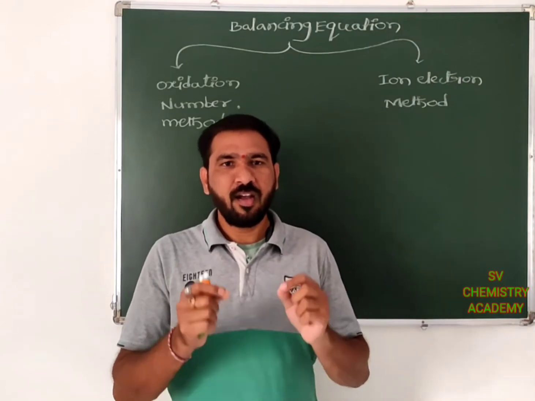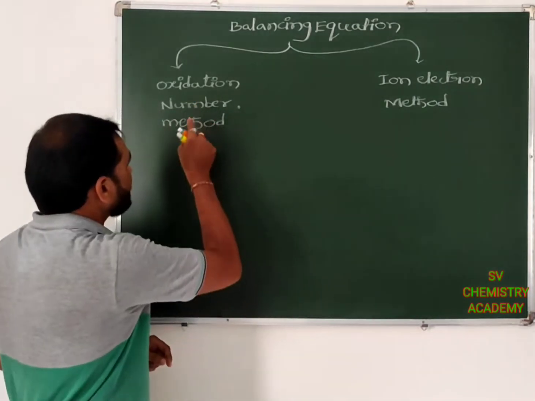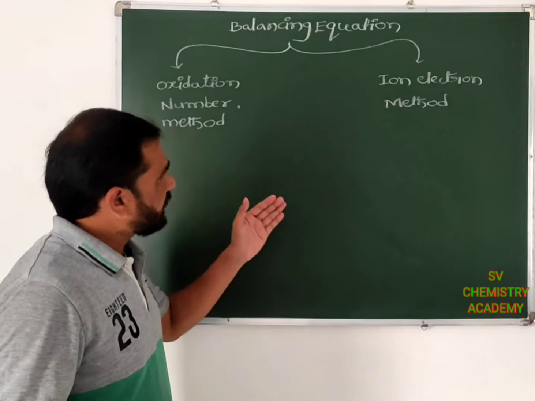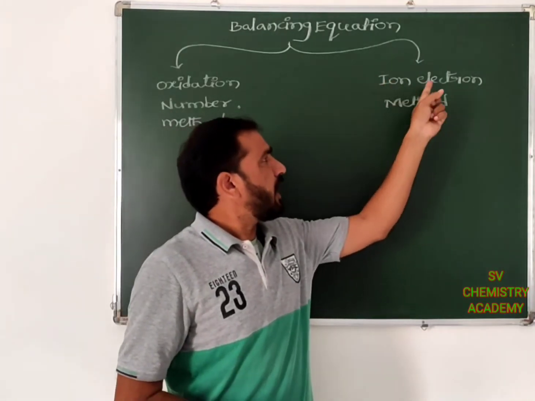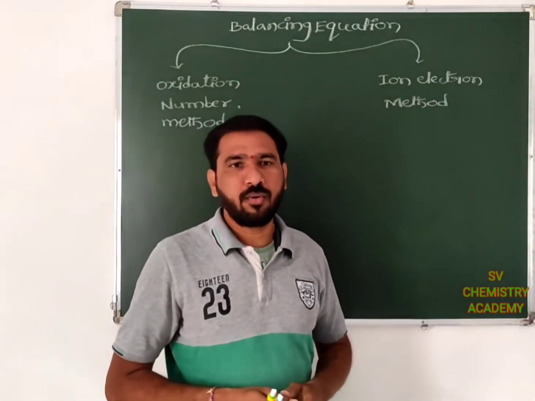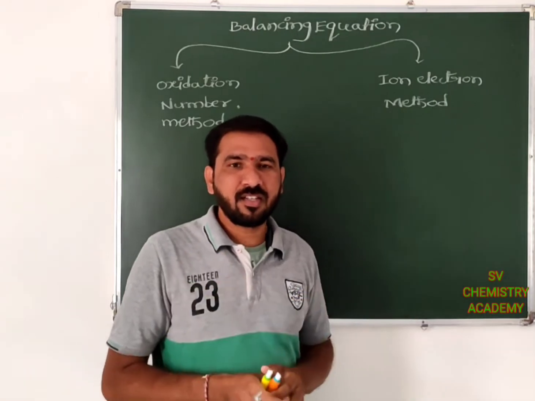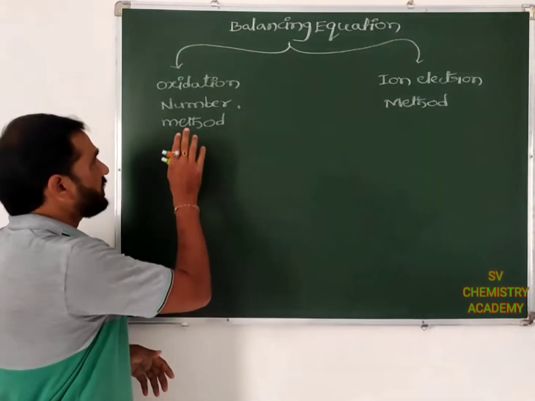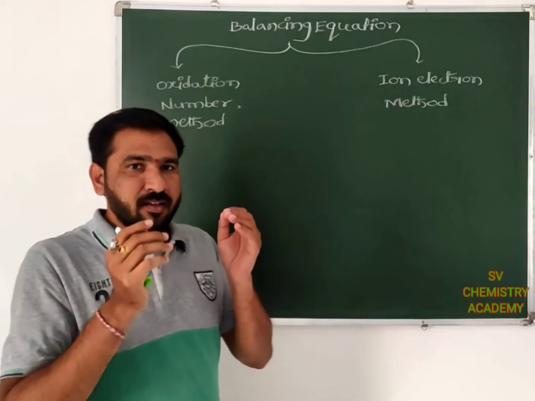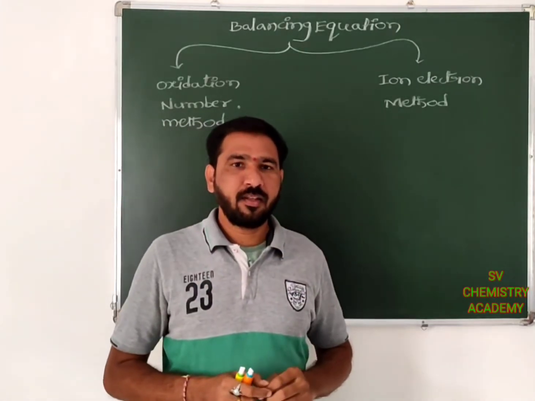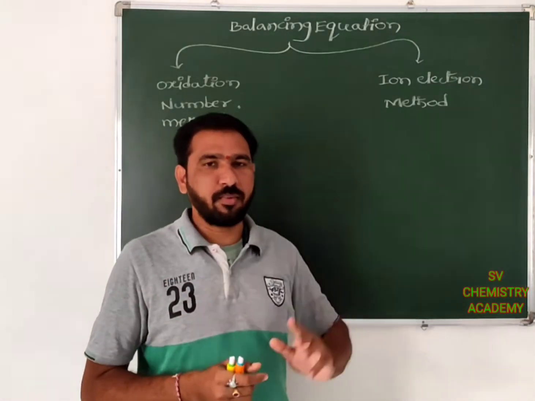So first of all, I would like to discuss this oxidation number method. Later, I will teach this ion electron method also. But please concentrate on both. This is a short time method, the simplest among these 2, keep in mind.